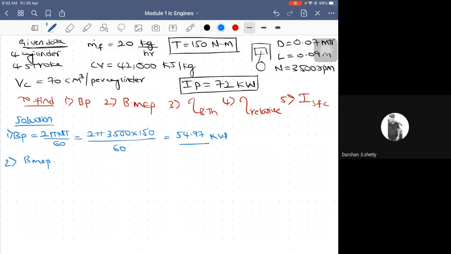First of all, where will you find the mean effective pressure? In what calculation will you find the mean effective pressure?